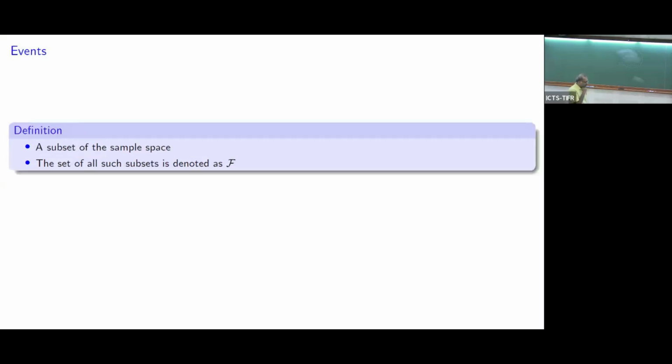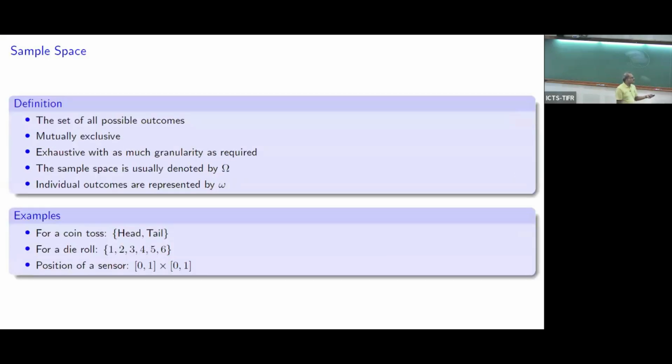Now, once you have thought about modeling a random experiment like this using a sample space, you also define something called events, which are interesting things that can happen, and you want a mathematical way of modeling that. For example, in the case of a dice roll, you might be interested in the event that the value that comes up is an even number.